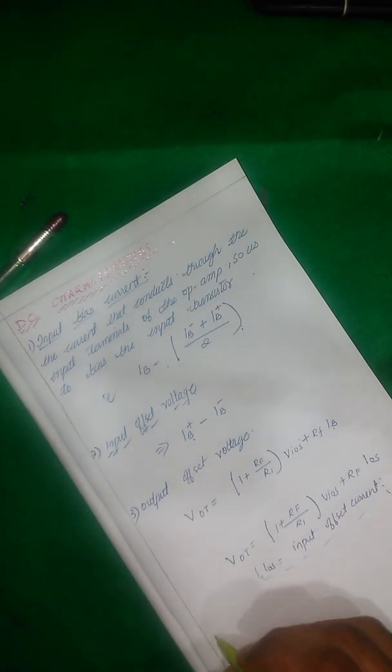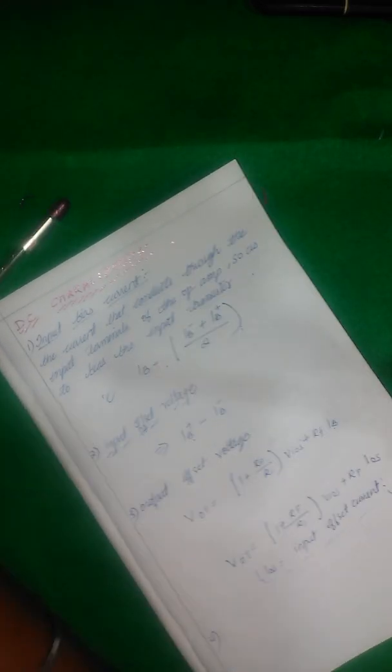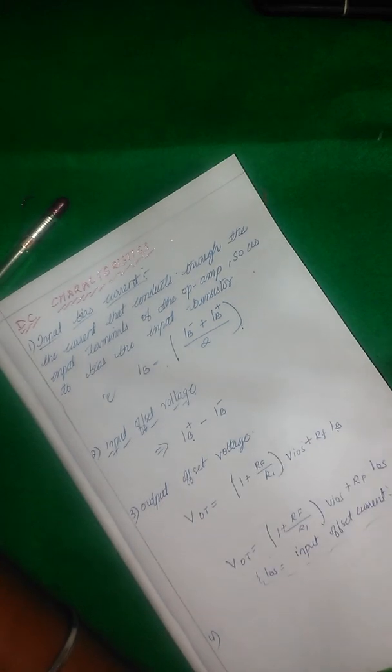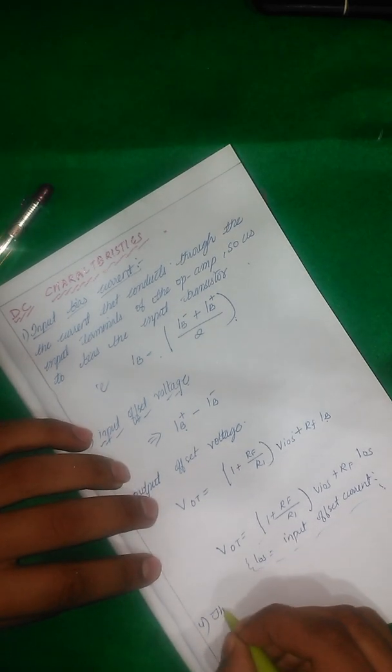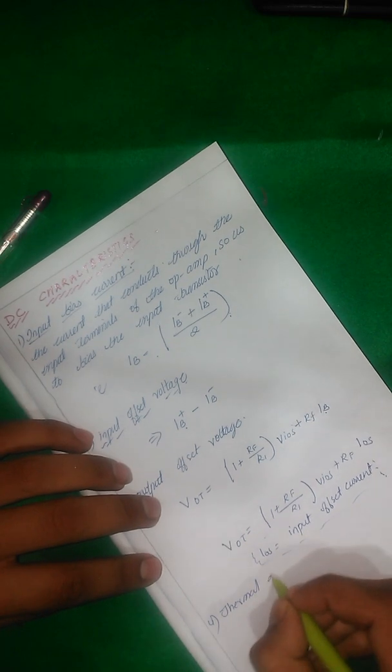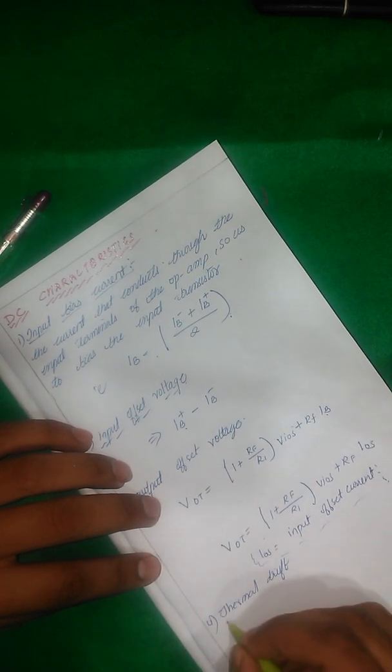The last but not the least of the DC characteristics of an op amp is the thermal drift.